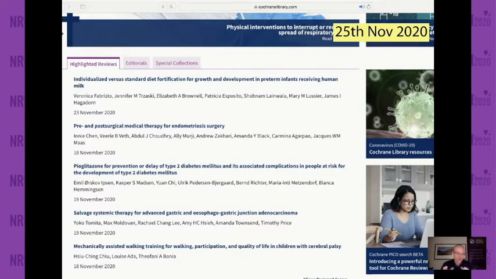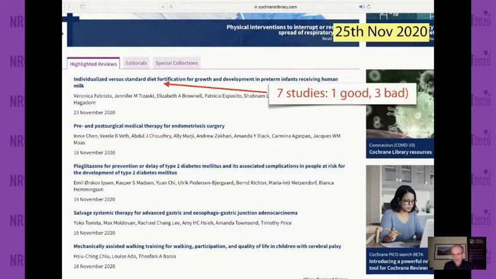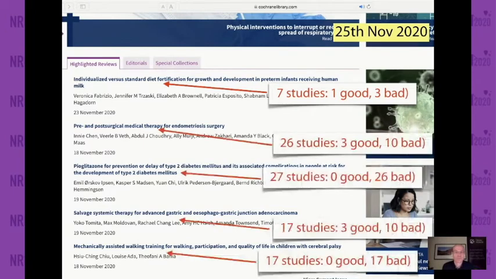So good means no, there are no reasons to doubt the way they put together the studies, so that would be low risk of bias. And bad means high risk of bias. Well, there's plenty of reasons to be concerned. So I did this last week, and this is what I found for the first one. In that systematic review, 7 studies, 1 of them good, 3 of them bad, and the other ones are uncertain. So we're not quite sure. Right, all of them.